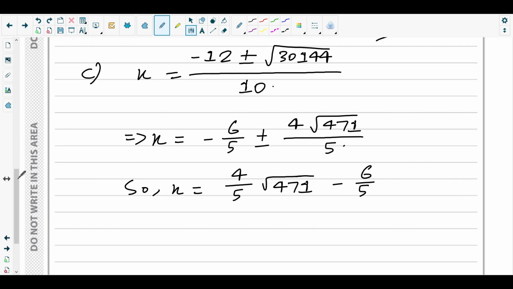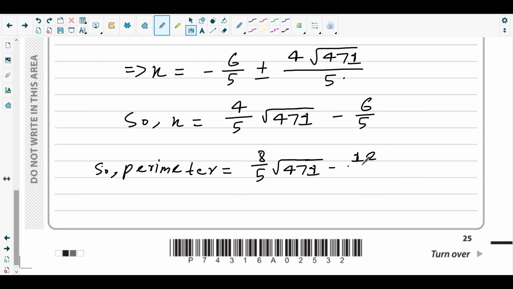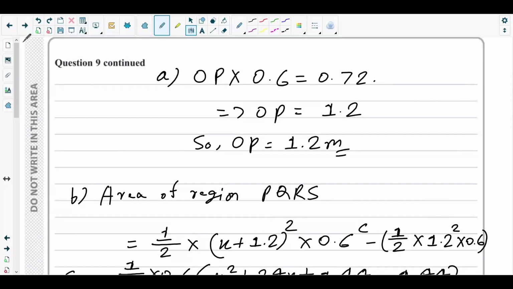Now we need to find the perimeter. The perimeter would be twice x, so twice x will be 8 over 5 square root of 471 minus 12 over 5, plus 0.72, the arc length PS, and the arc length QR, which is r theta.